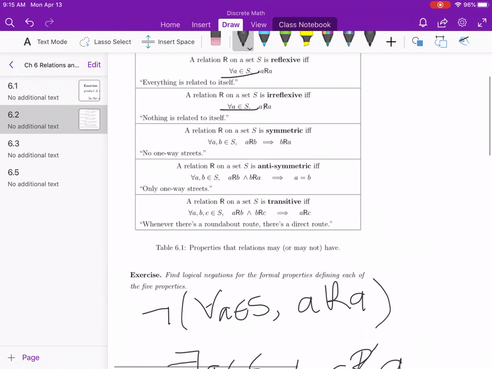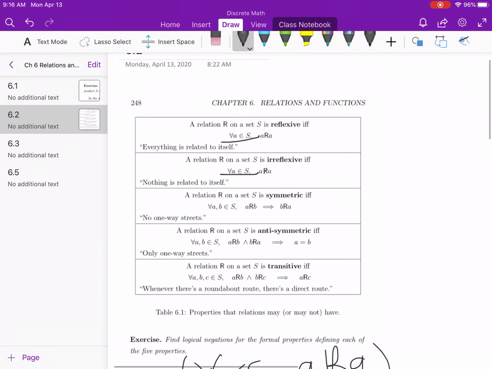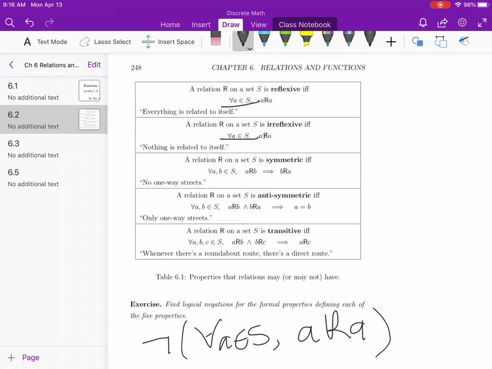Okay, so let's look at some of the other things we have here. Now here I have symmetric, antisymmetric, and transitive. So let's just look at what symmetric is.